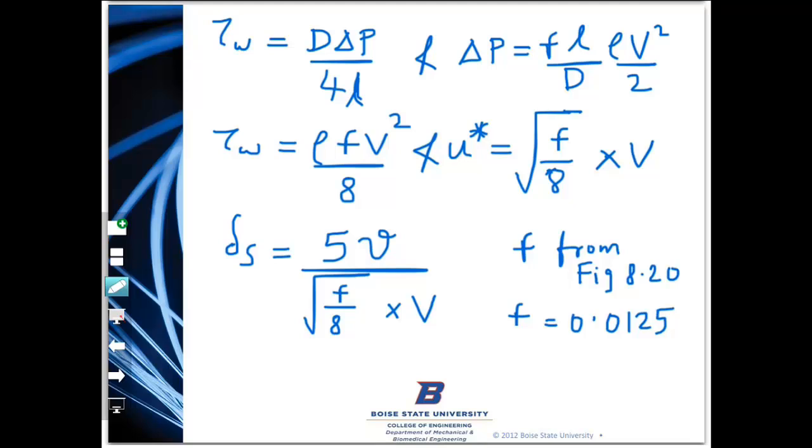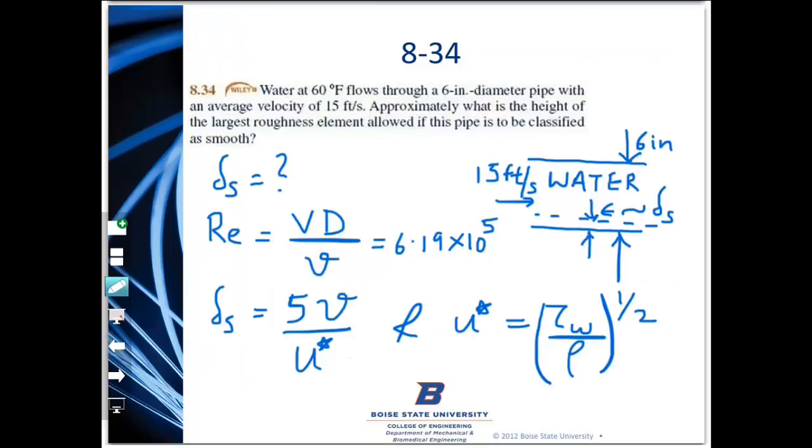Okay, so if you put in all the numbers, and now since we know everything in this equation, we can get delta S to be 1.02 times 10 to the negative 4 feet, or about 0.33 mm. The reason I wanted to do this is, as we discussed in class, the thickness of the sublayer is really small compared to the diameter of the pipe, which was 6 inches.